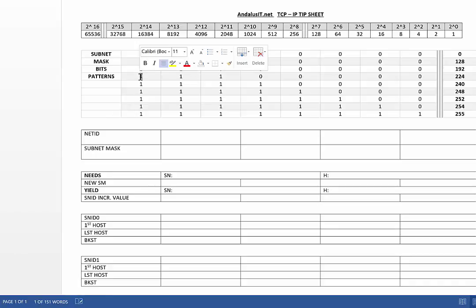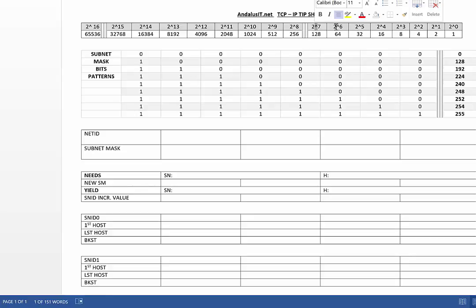Count up which octet or which place your last digit fell in the threes column, right? So we borrowed 3 bits and the last bit is in the 3rd spot. So counting from the last octet, 1, 2, 3.